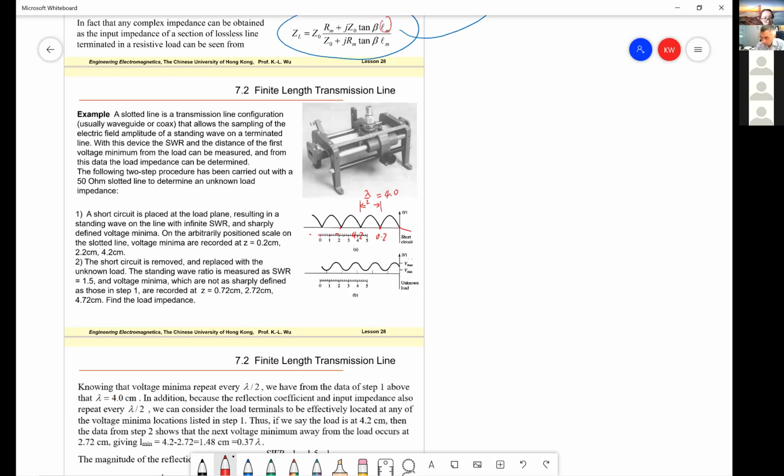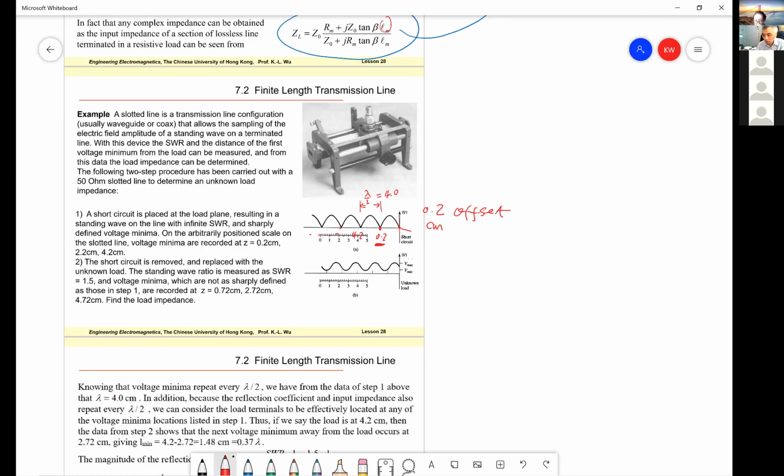So I know the load, no matter what you put, your impedance is a load. After I put a real load, you have a 0.2 offset. We have a 0.2 offset, okay?